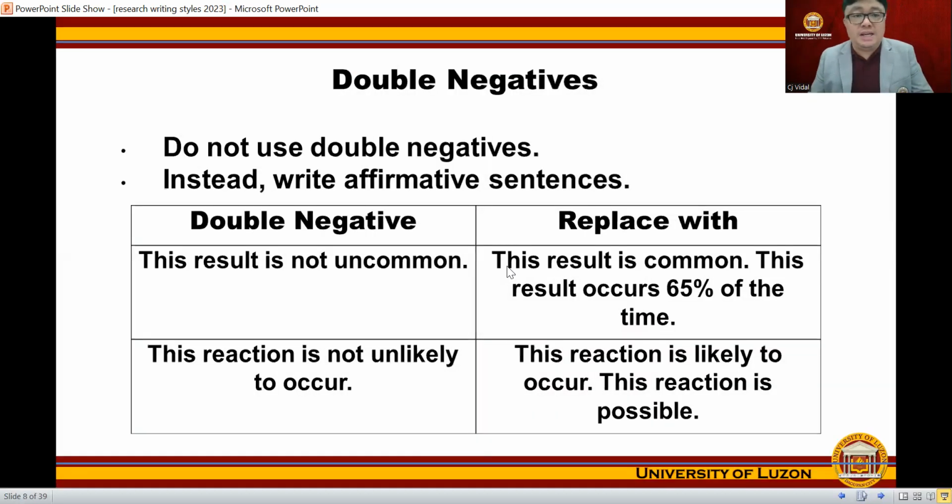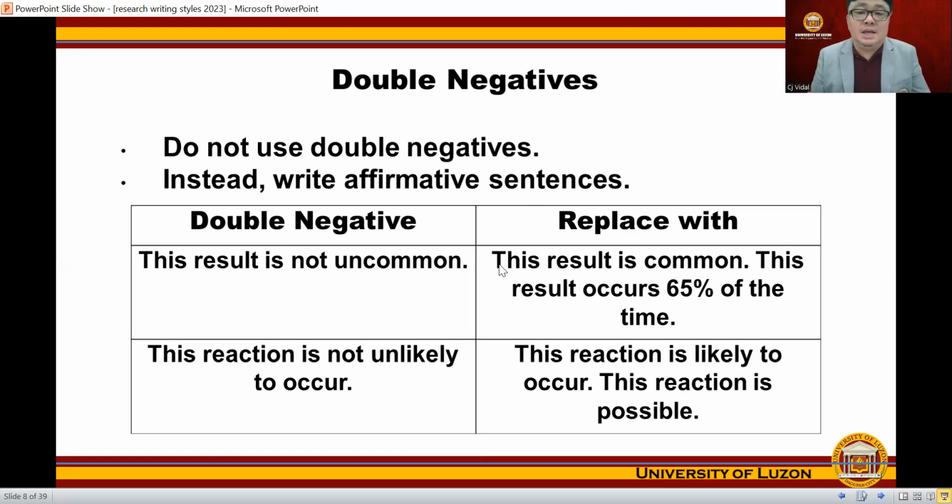And then we have double negatives. We do not use double negatives. Instead, we write affirmative sentences. What is a double negative? An example is as follows. We have, this result is not uncommon. You see, there are two words in the sentence that are negatively stated: not and uncommon.